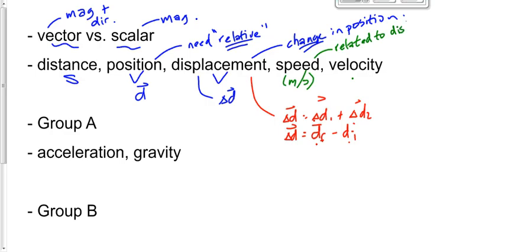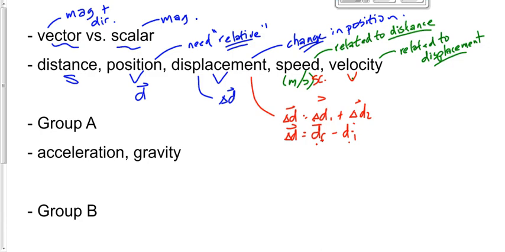So speed is related to distance, velocity is related to displacement. In other words, speed is a scalar and velocity is going to be a vector because it's related to displacement.